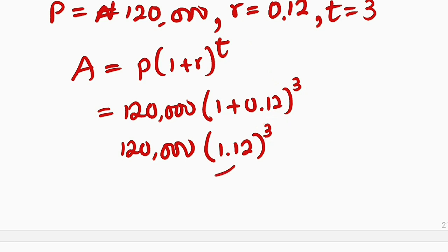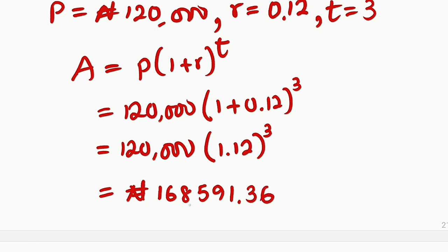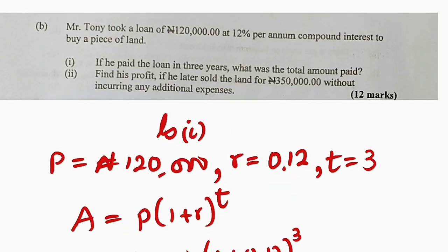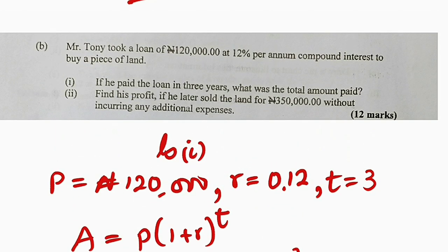Whatever you obtain, multiply that by 120,000. And this is equal to 168,591.36. So this is the amount he paid. And we have just answered Roman 1.